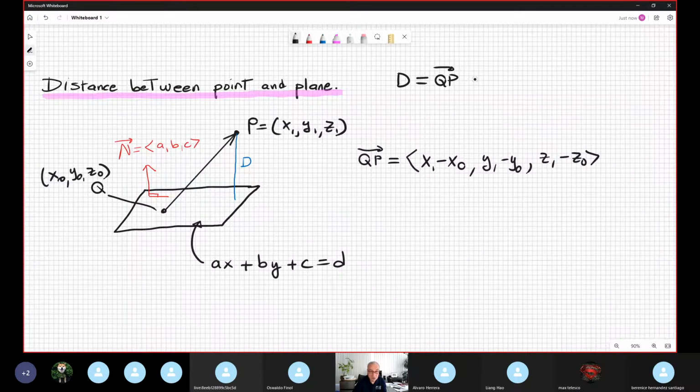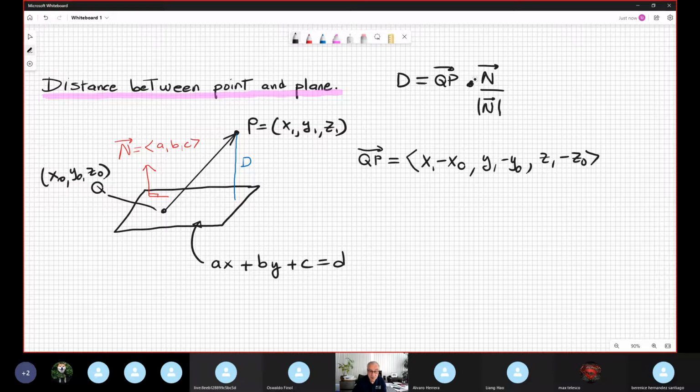So this is easy because I compute the unit vector in the direction of the normal vector. In this case it would be the normal vector divided by the magnitude of the normal vector. This is the unit vector in the direction of the normal vector, and you perform the dot product and you compute the horizontal projection. So it's easy.